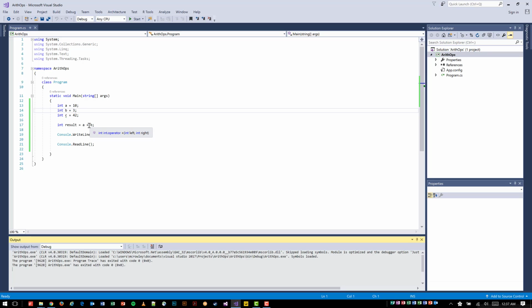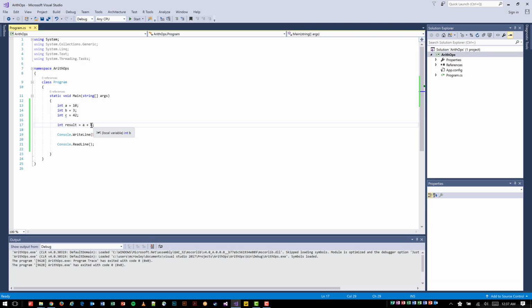I can do this with a minus sign, a division sign. But when we talk about these expressions, the operator precedence is important. So if we did a statement, let's say a plus b times c, how would this work?